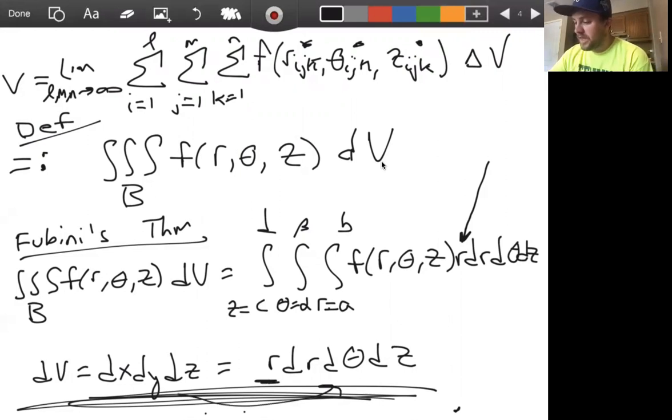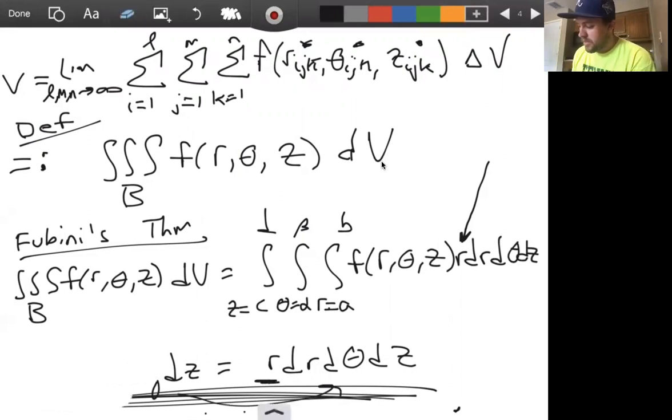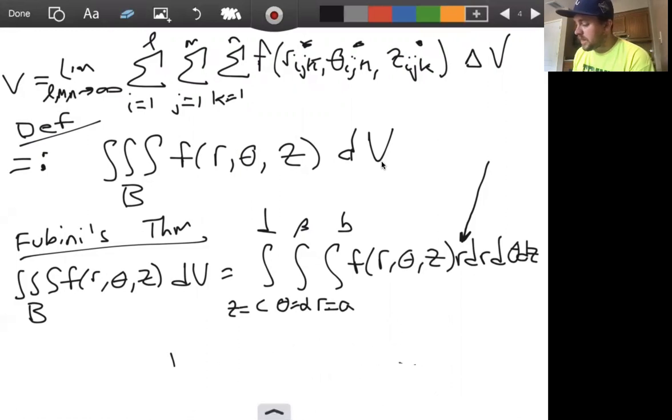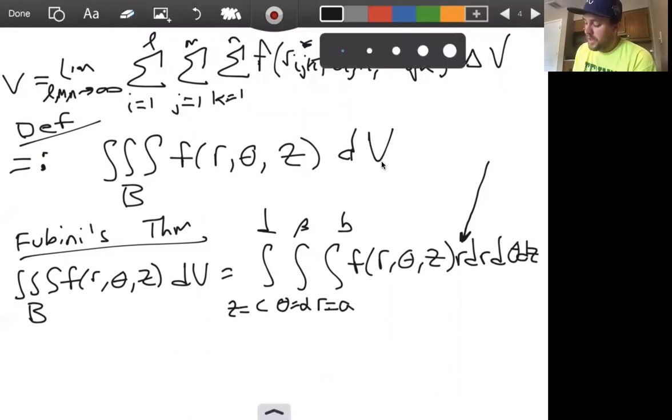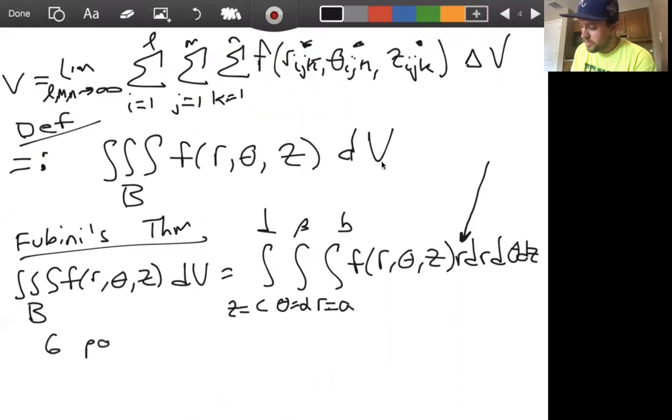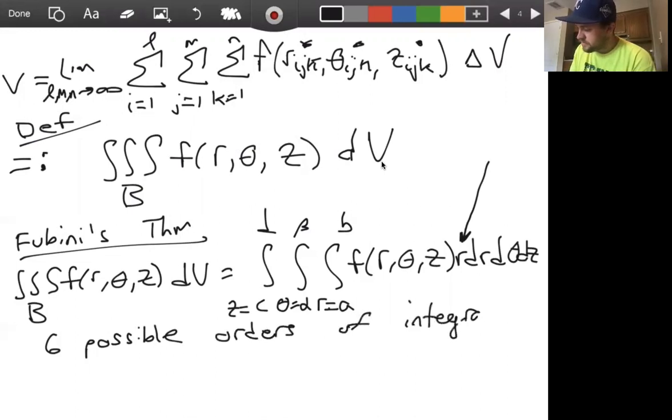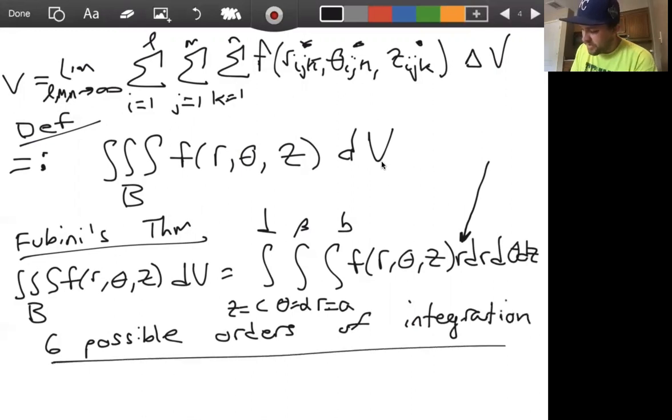And once again, by Fubini, you can integrate these in any order you want. And so we have 6 possible orders of integration. We have dr d theta dz, which is shown up here.